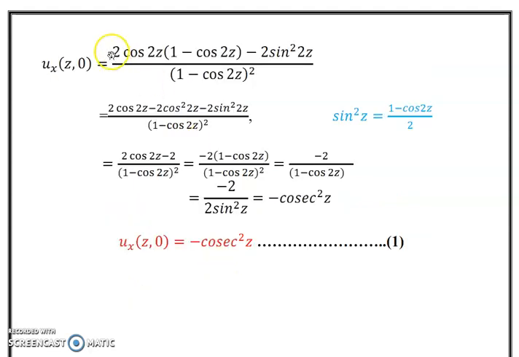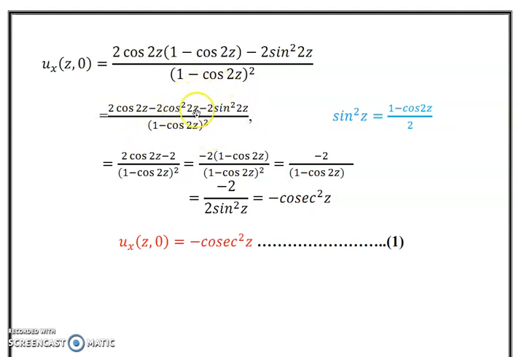You got 2 cos 2z into (1 minus cos 2z) minus of 2 sin square 2z divided by (1 minus cos 2z) whole square. Now multiplying 2 cos 2z into 1 minus cos 2z, you get 2 cos 2z minus 2 cos square 2z minus 2 sin square 2z divided by (1 minus cos 2z) the whole square.